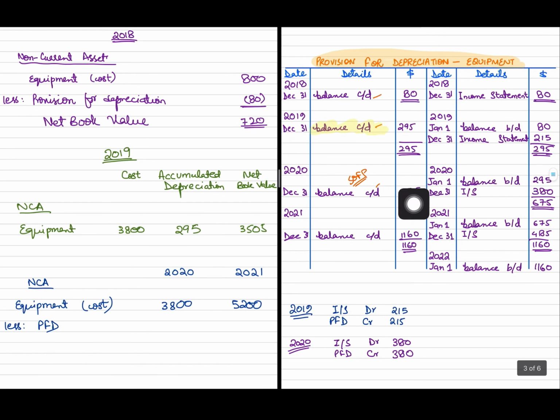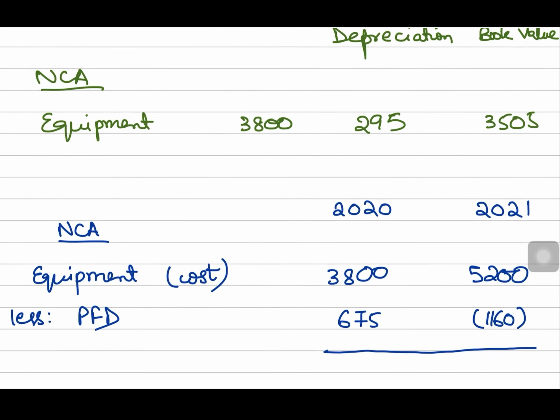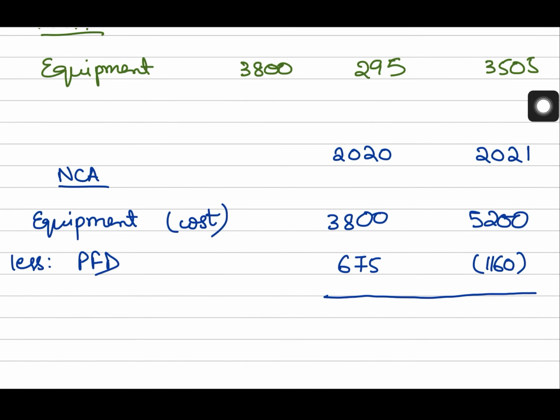Then for provision for depreciation, these are the two balances for these 2 years, 675 and 1160. So less 675 and less 1160 will give us a net book value, for both of these years, for 2020 it will be 3125, and for 2021 it will be 4040, right?